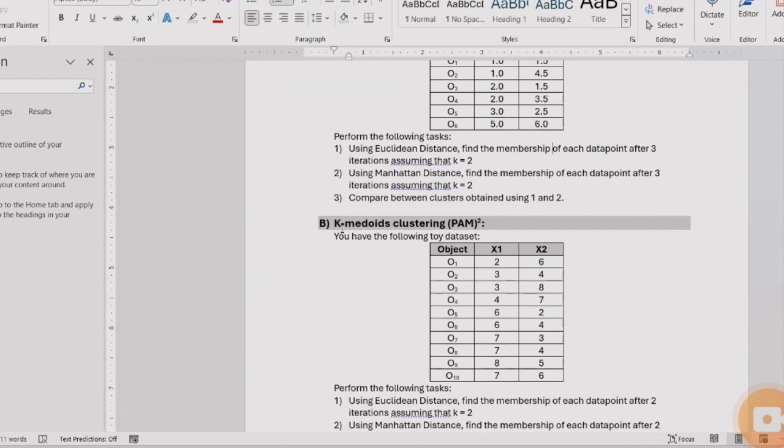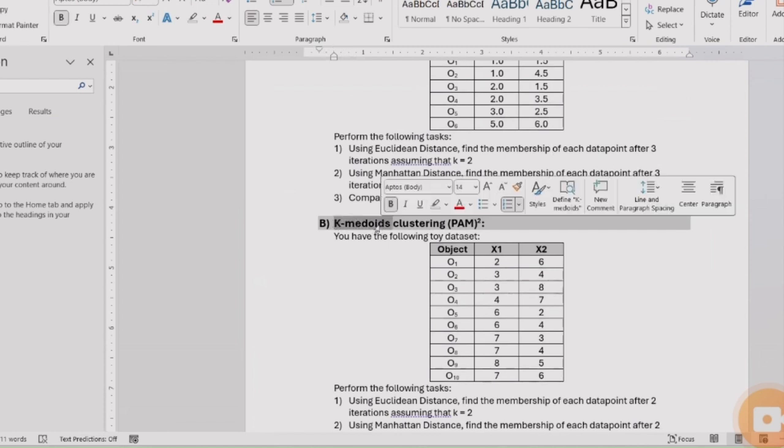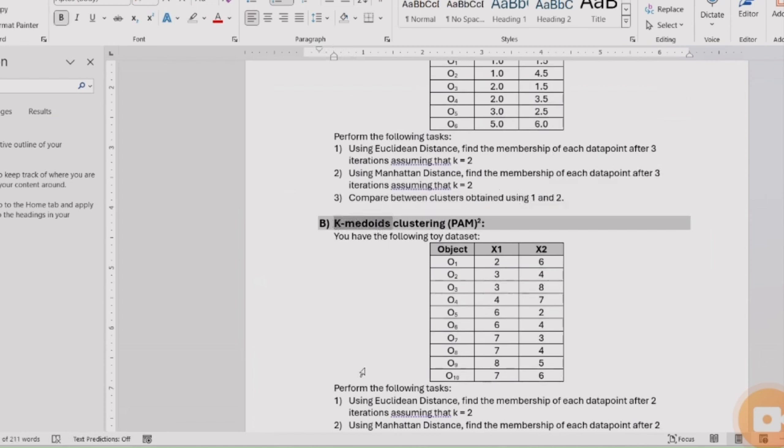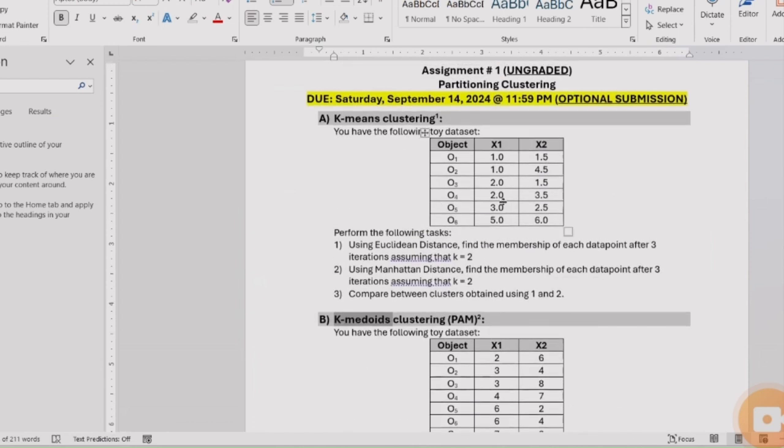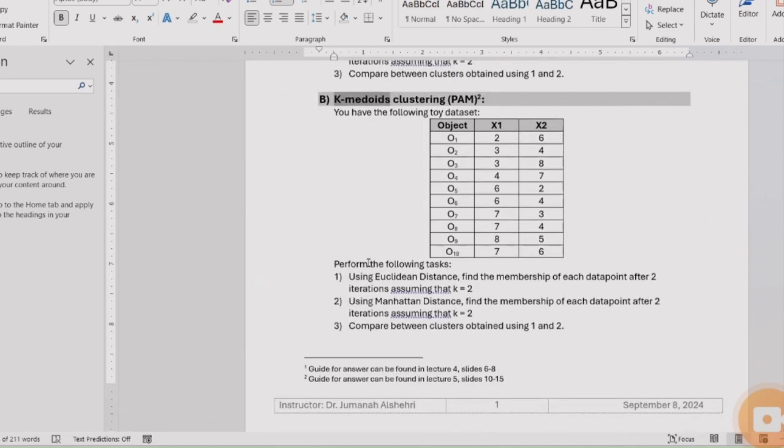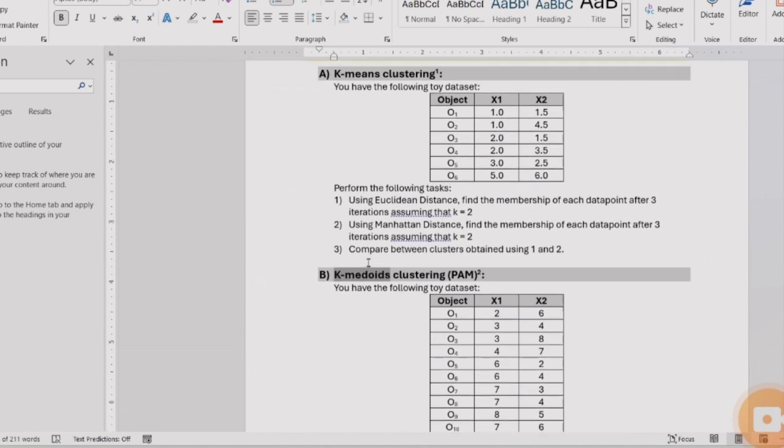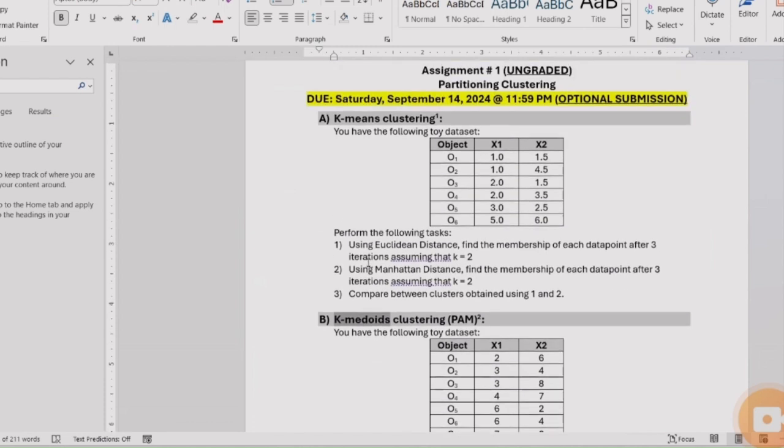The second one actually belongs to k-medoids, which we haven't covered. You can use the same two examples with k-means, and once we do k-medoids, the next topic, you can use the same two problems with k-medoids. These are practice problems.